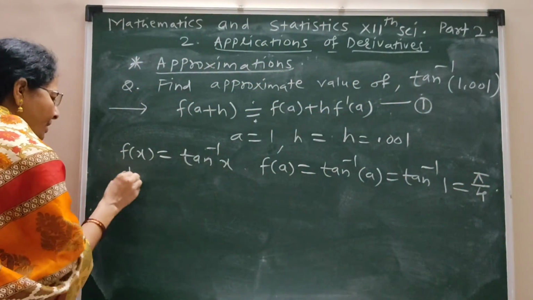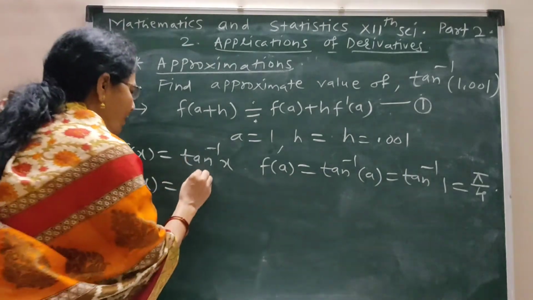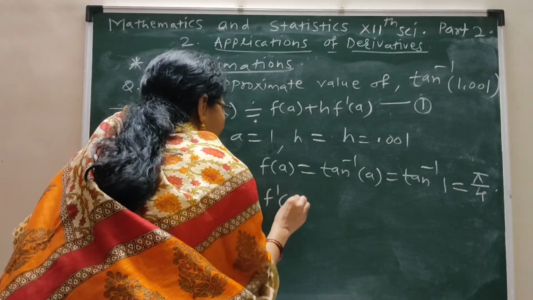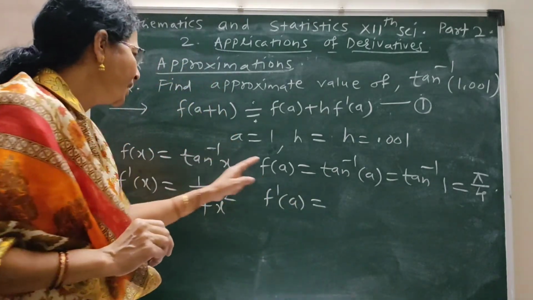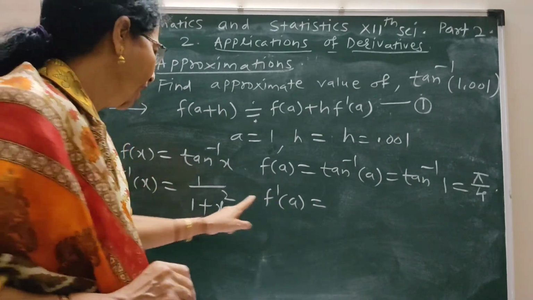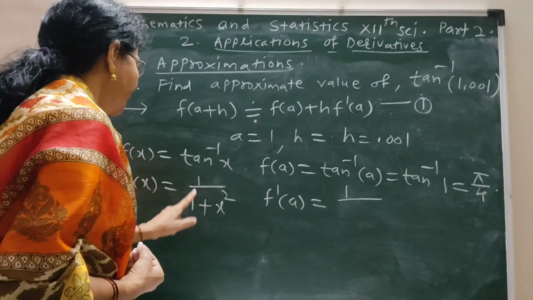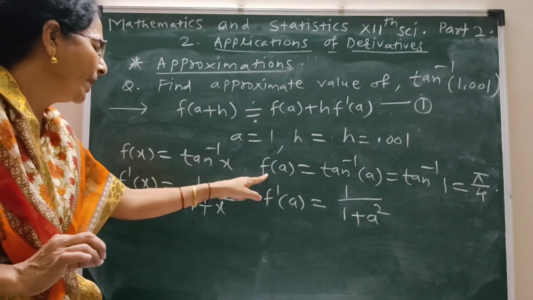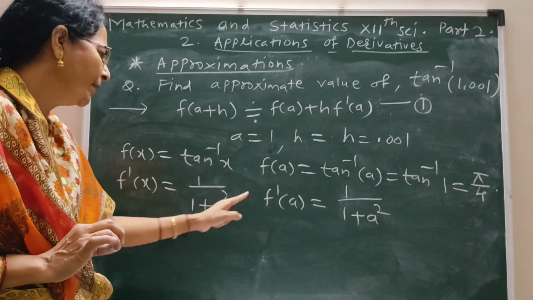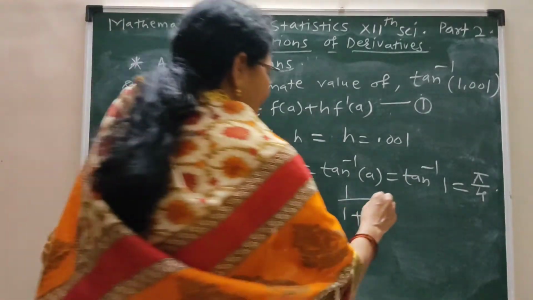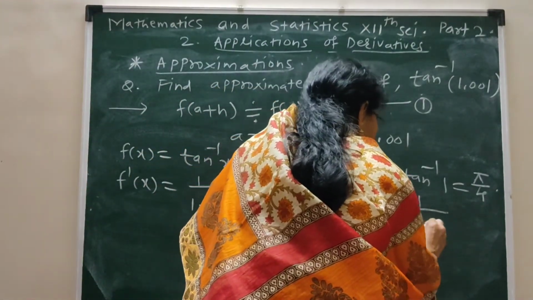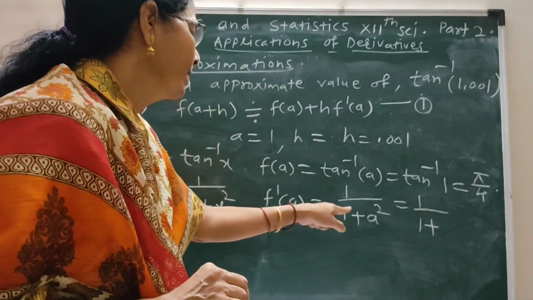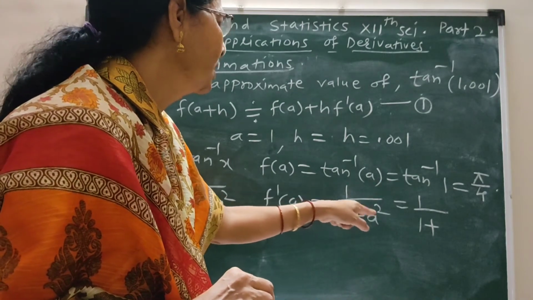Then f dash x is 1 upon 1 plus x square, so f dash a is 1 upon 1 plus a square.